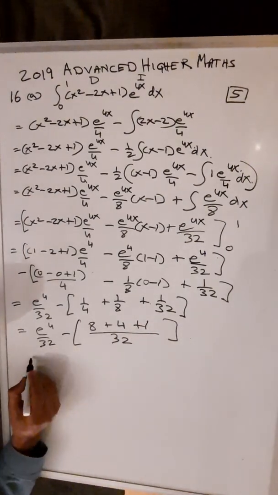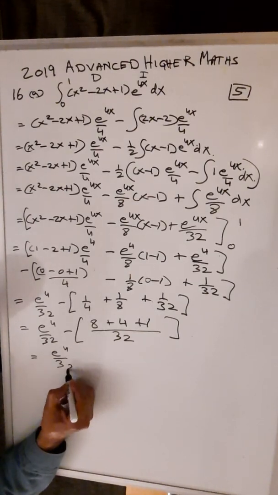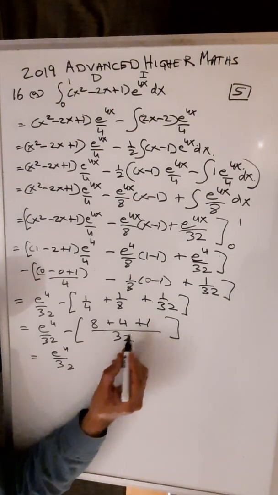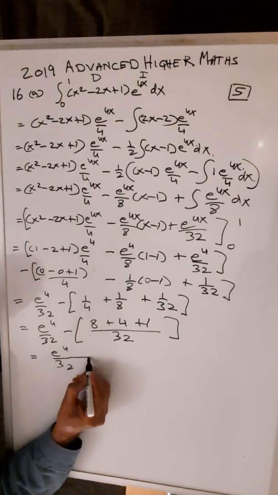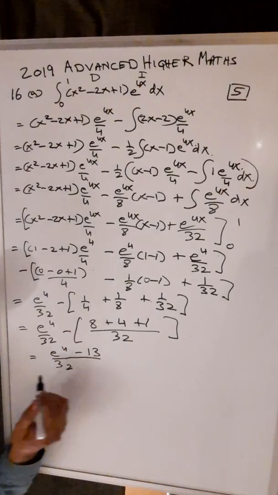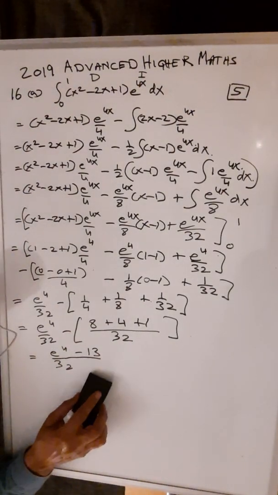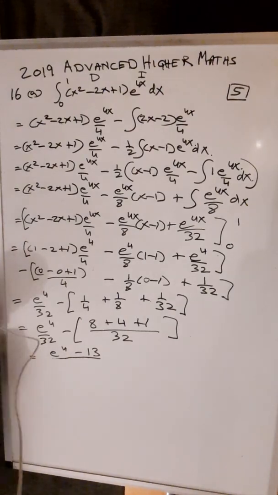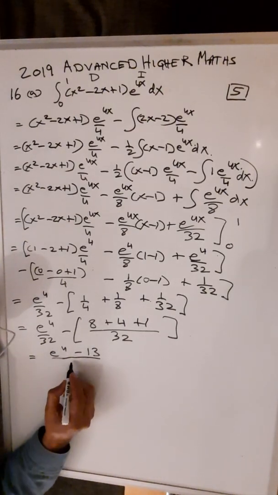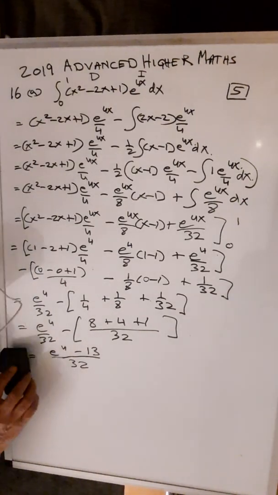So what you're ending up with here is e to the 4 over 32, there's a minus 13. E to the 4 minus 13 all over 32. So that's your answer there for that part: e to the 4 minus 13 all over 32. And that's for 5 marks.